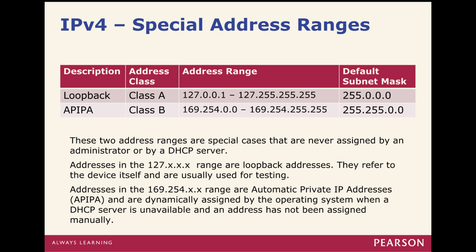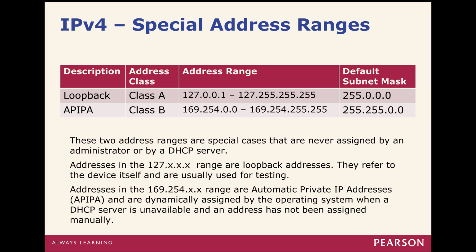The default subnet mask for that is 255.0.0.0. This is normally used when you want a device to ping itself or communicate with itself. It's like a test of the IP stack. You would ping the loopback address, and you could do that in command prompt just to ensure that your computer can send and receive packets.